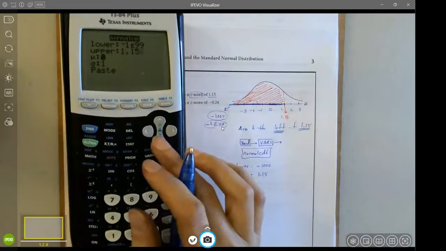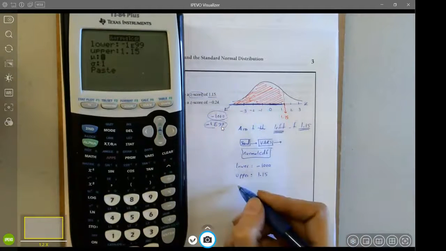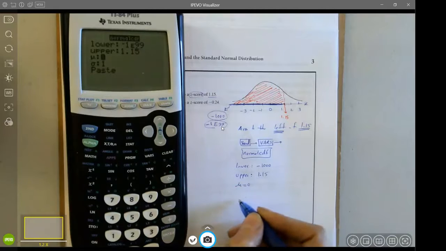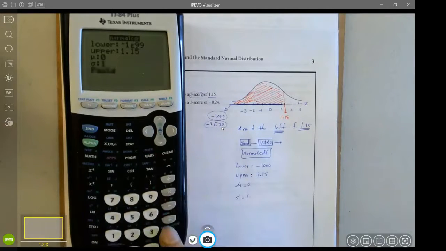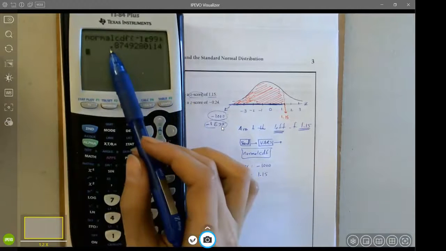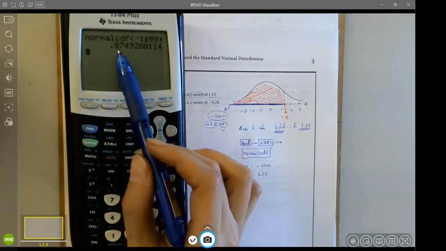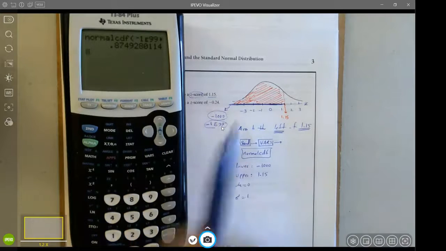So between these two numbers, the mean of the standard normal distribution is 0 and standard deviation is equal to 1. So paste, and we have 0.8749 and so on.